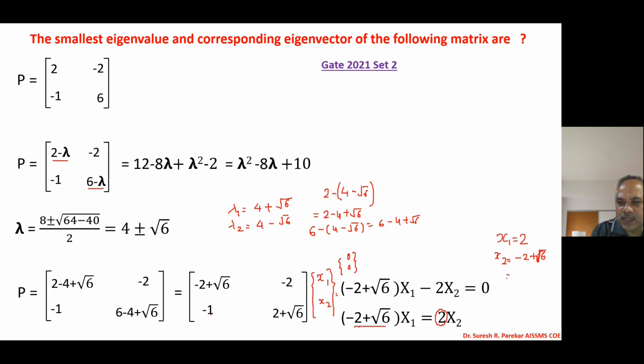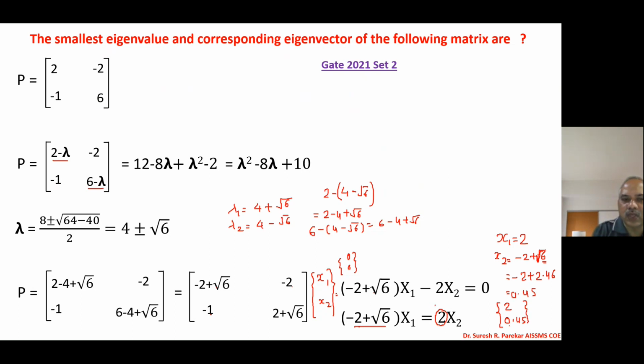And this value comes to something like minus 2 plus 2.45, because 24 square is 576, and the root of 6 is about 2.45. So we have these values of x1 and x2, that is 2 and 0.45.